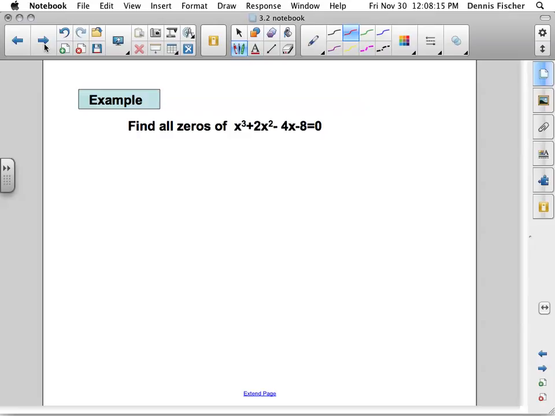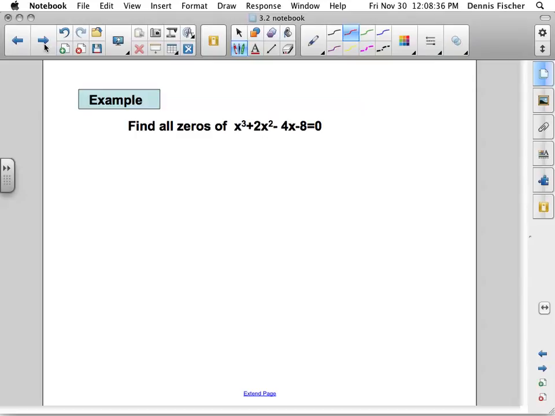What's the module say? I don't know, I didn't look at it. It says 1 through 49 odd. You can try it.